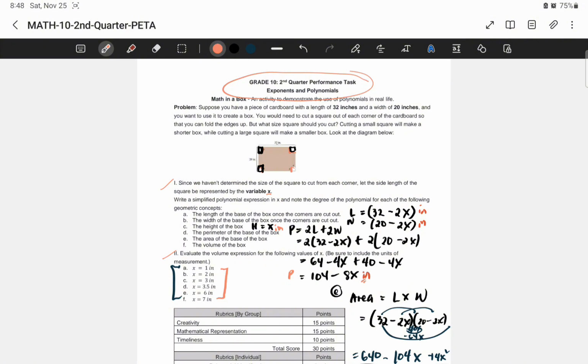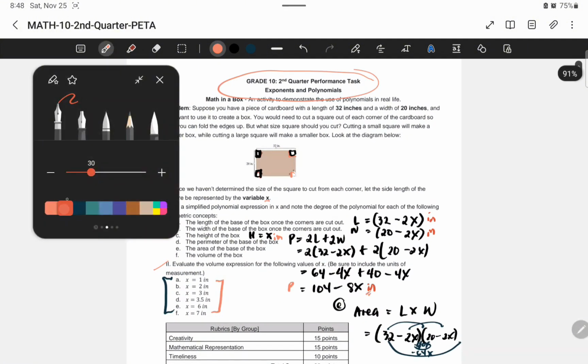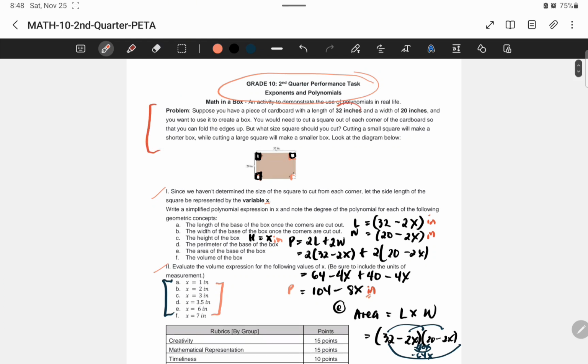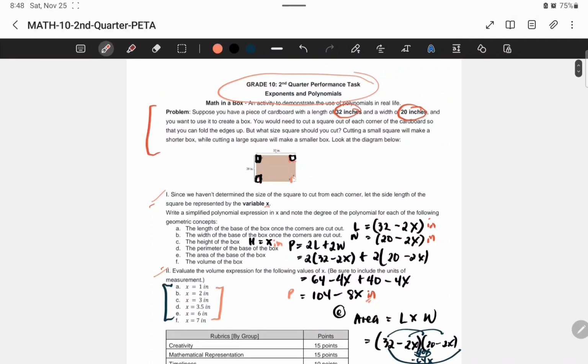In addition pala, so sa individual task, no, you have to use the same problem. Okay? So, kapag pinasa nyo sa akin, I want to see this problem, but with different measure of your length and width. So, itong 32 tsaka 20, papalitan nyo lang siya. Okay? Then, from that, kung paano ko ginawa yung part 1 and part 2, ganun din yung gagawin nyo.